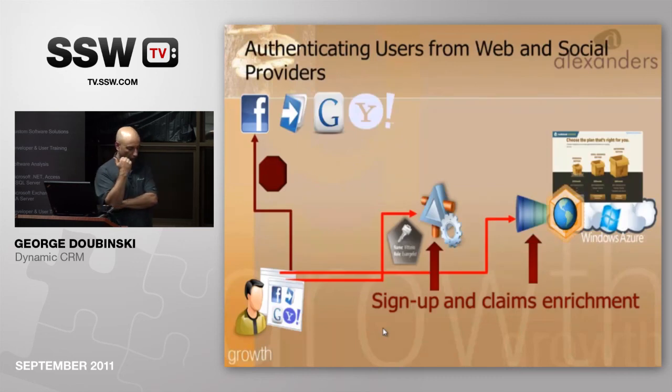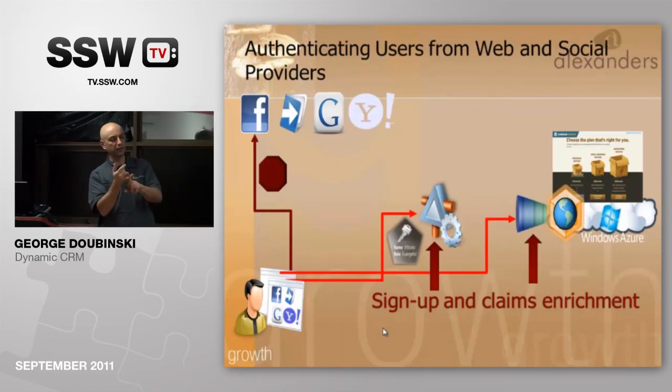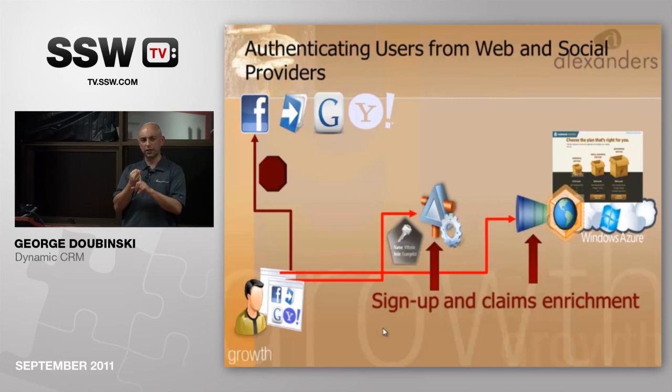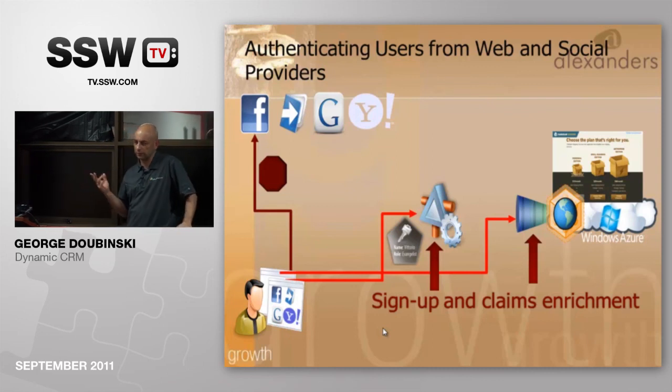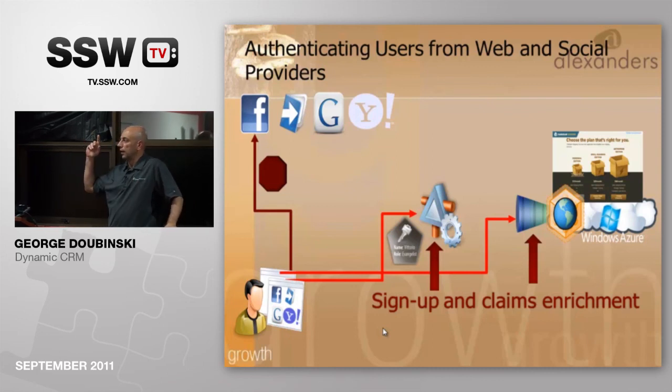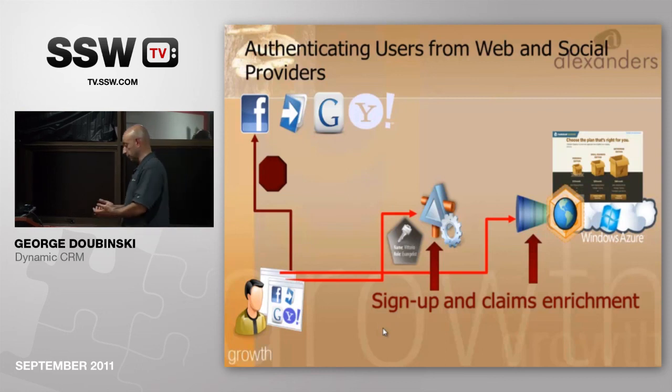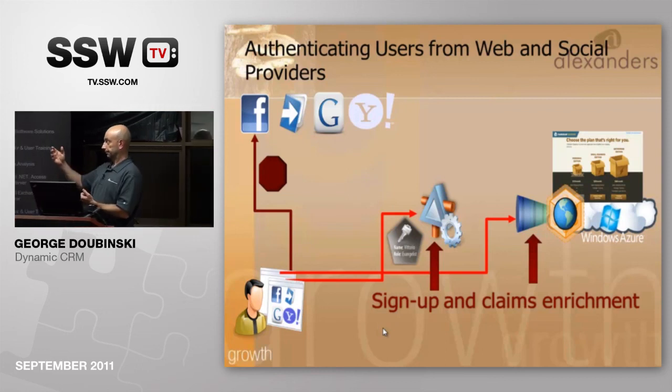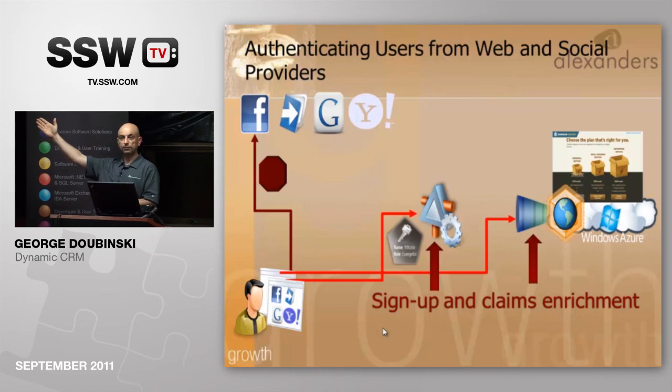Now, where it's all going is, you've seen Live ID, you've seen AD authentication. Currently there is work in progress. I haven't picked up this working code yet, but we will shortly. To get ACS2 going, which means that you will be able to use not only Live ID, not only Active Directory, but any ACS compliant provider.